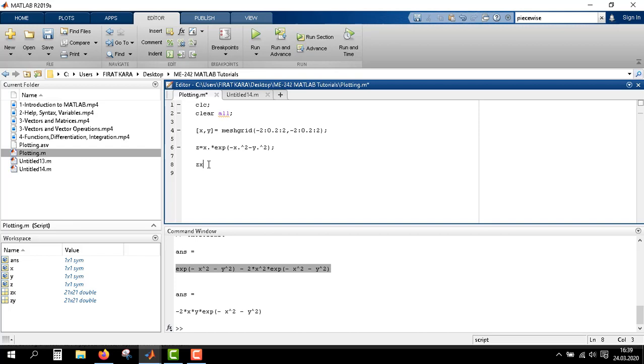And let's define them. Oh, don't forget to use dots.